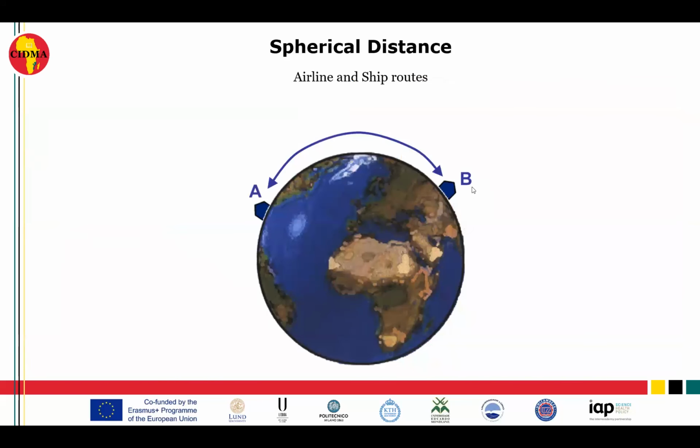Sometimes we will have a very long distance. If, for instance, an airline is going from Europe to the United States, it will have to follow the sphere, and then we would have a spherical distance, taking into account the Earth's surface rounding, or the Earth's circumference.